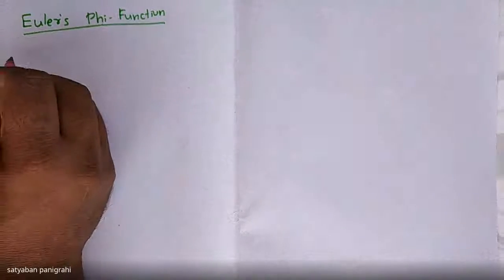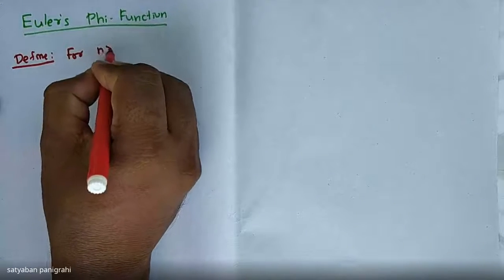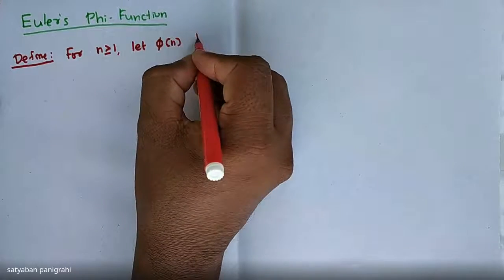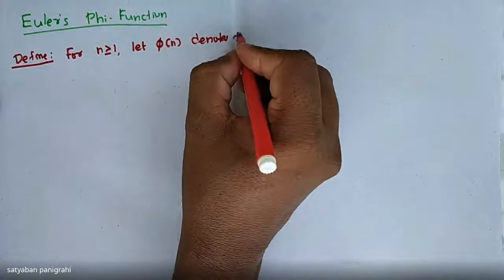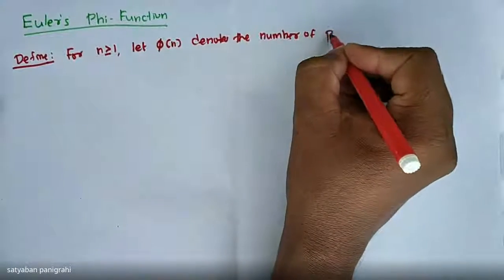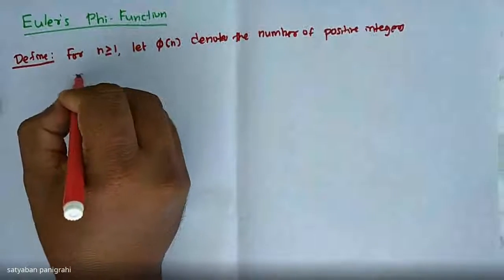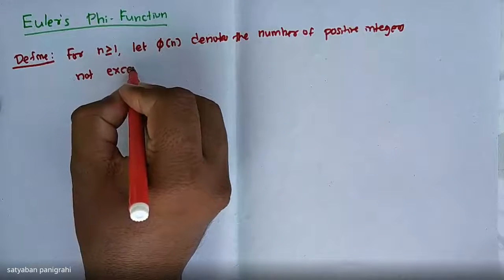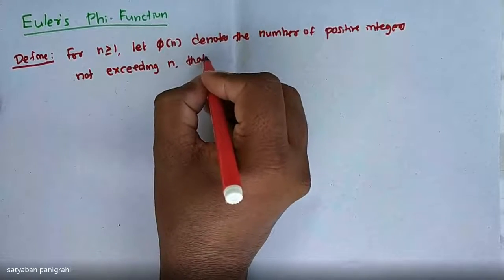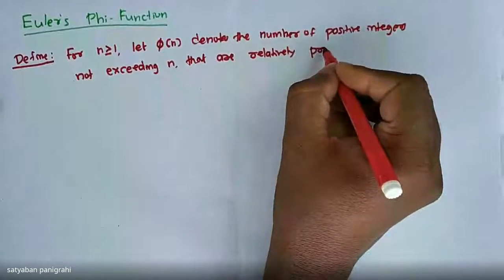What do we say? We define, for n greater than 1, let phi of n denote the number of positive integers not exceeding n that are relatively prime to n.